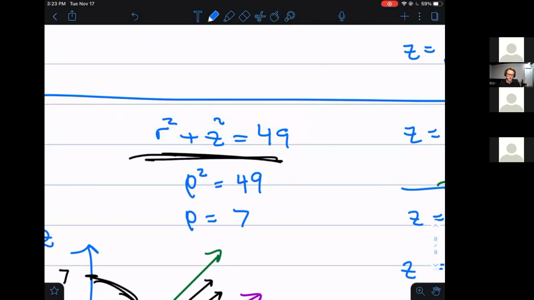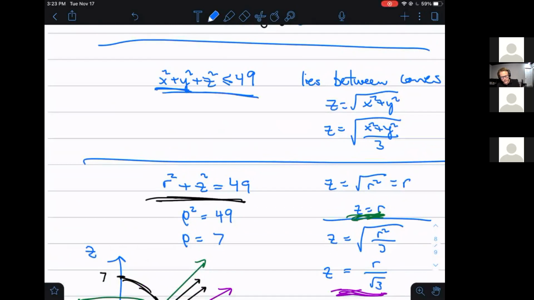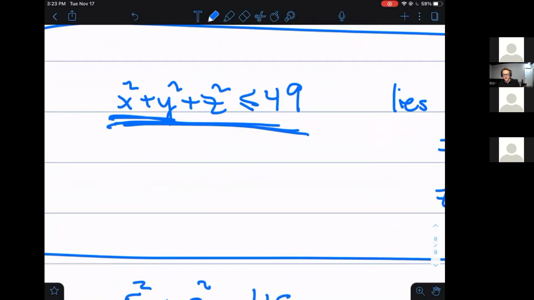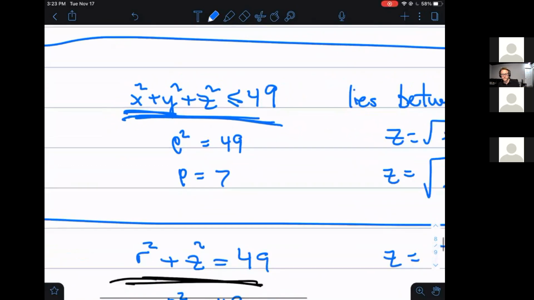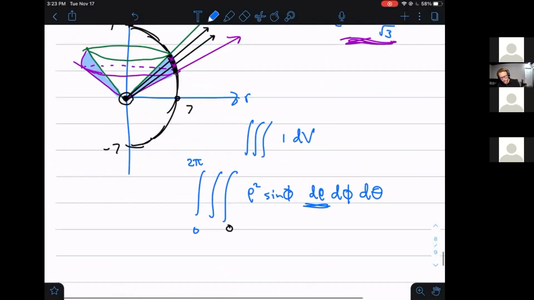You can just go through the equations and find it that way. Or we could start over from the Cartesian, right? Maybe that's a little bit easier to say, x squared plus y squared plus z squared, that's rho squared. When does that equal 49? Well, exactly when rho is equal to 7. Okay, so from rho equals 0 to rho equals 7.